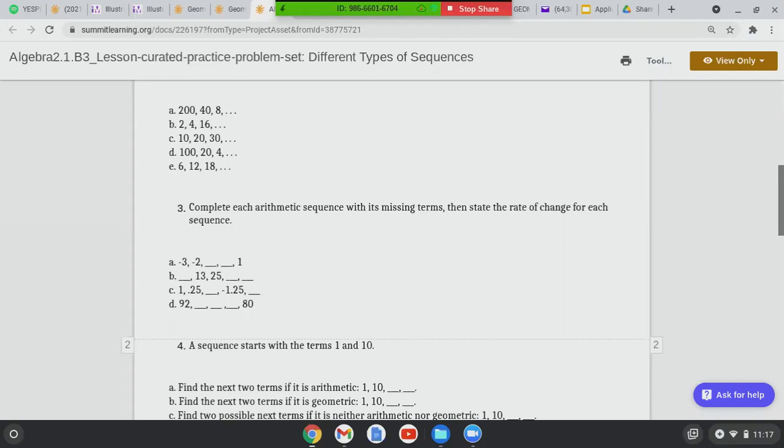Subtract. Absolutely. Because from 13 to the first term, you would subtract that 12, versus moving from 25 to the right, you are adding the 12. Good job, gents.